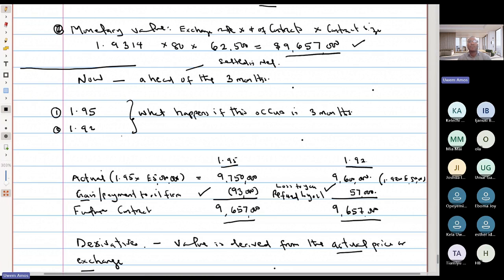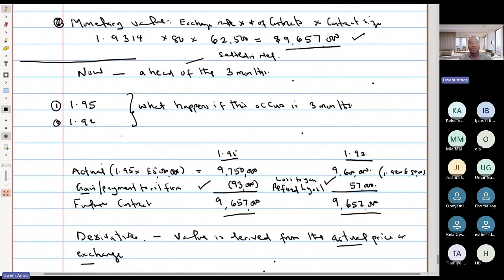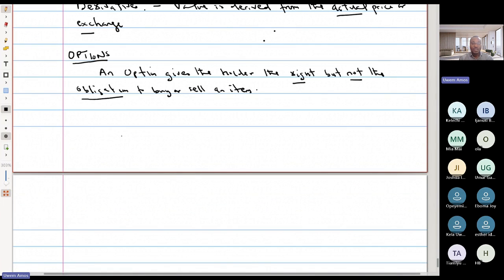So some financial managers want this opportunity where if it favors them, they will proceed. But if it doesn't favor them, they would say, we don't want to proceed with this transaction. And that is where an option comes in. It gives you the right, but not an obligation, to do something. However, to acquire that right, you need to pay an upfront premium.